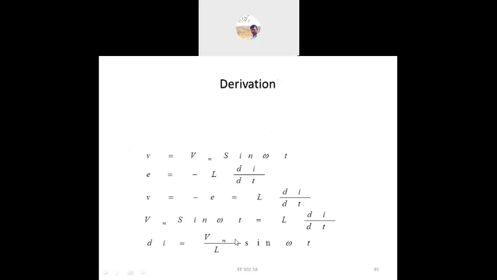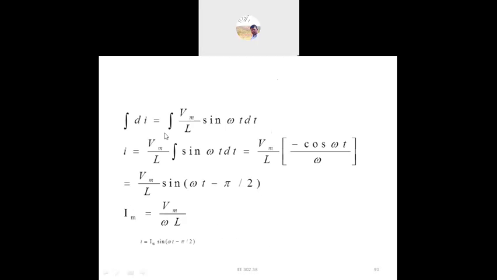Integrating on both sides, we get I is equal to Vm by L times the integral of sin omega t dt, so we get Vm by L times minus cos omega t by omega.